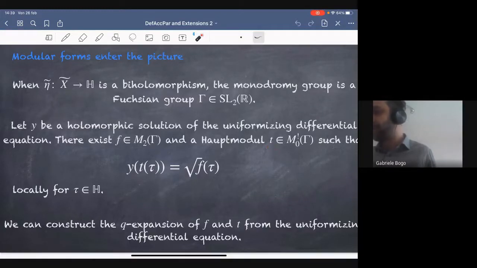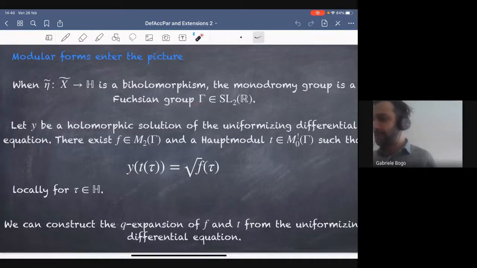This is a Hauptmodul, which means that this gives an isomorphism between the compactification of the Riemann surface and the upper plane with the cusps. But what you have to keep in mind is that the holomorphic solution of the differential equation is nothing but a modular form, or a root, more generally, of a modular form on the monodromy group.